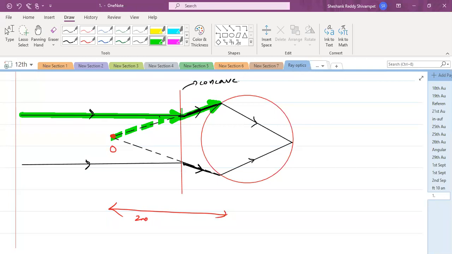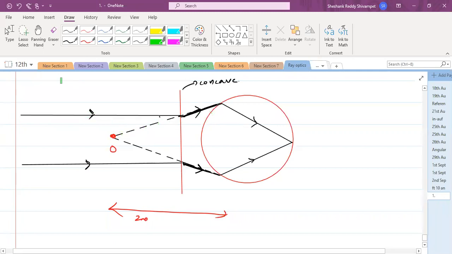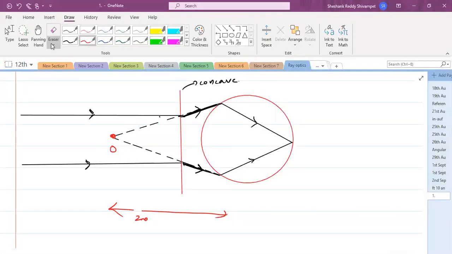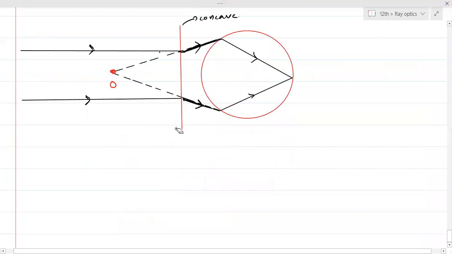So if the object is at O, then for the eye, will it be clearly visible? Will it be visible to us? Yes or no? It will be visible to us in that case. समझ आया ना? Got it? So our concave lens should be in such a way that this should be possible.